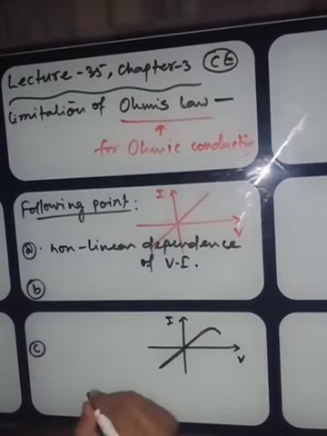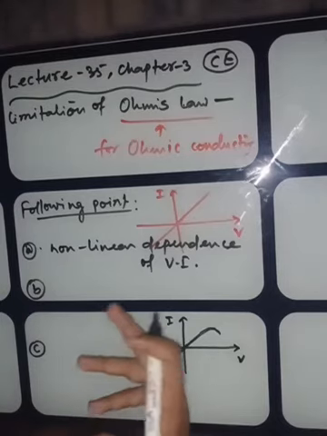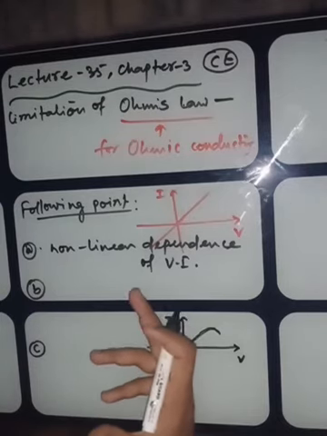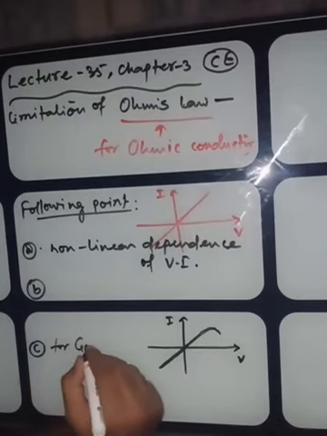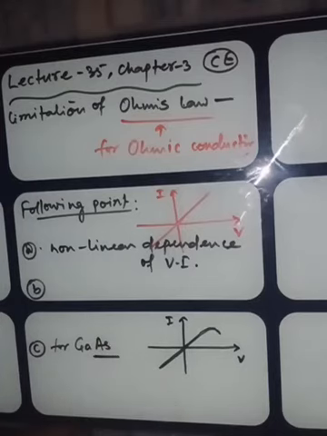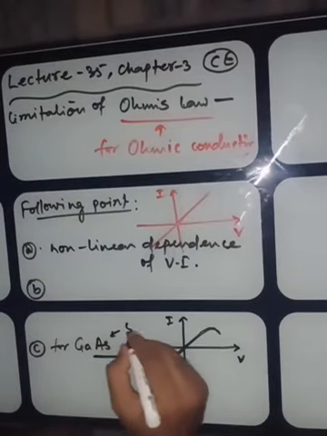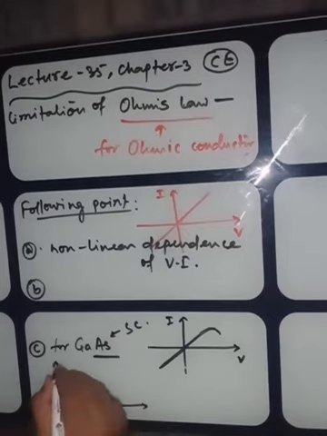The third point regarding the limitation of Ohm's law: if you draw the graph of gallium arsenide, which is a semiconductor, remember my dear students, it is a semiconductor, you will find the graph looks more or less like this.